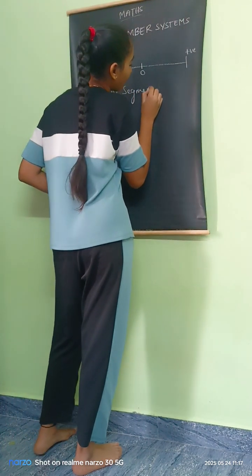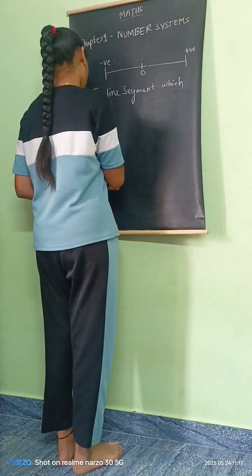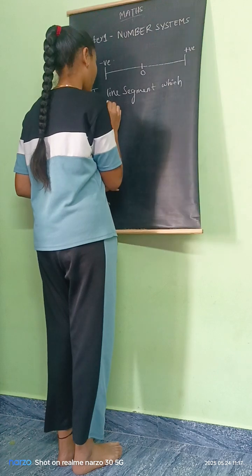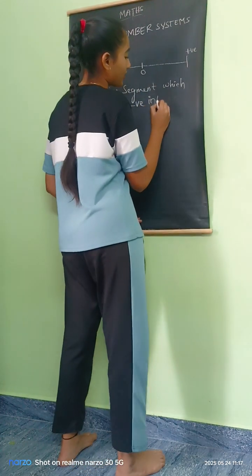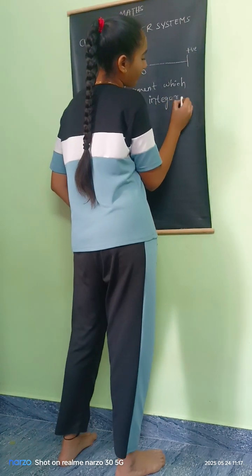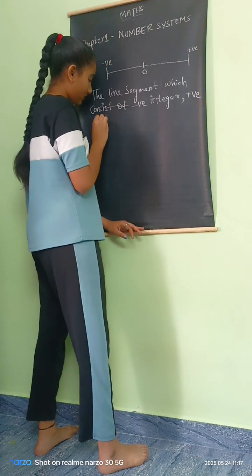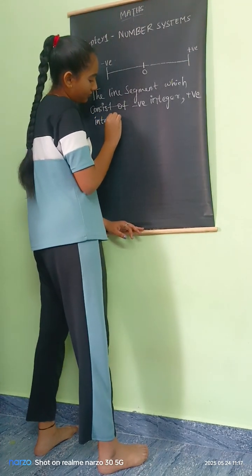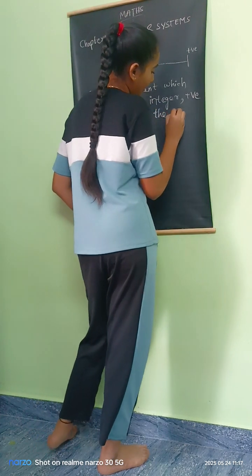the line segment which consists of negative integers, positive integers, and the zero.